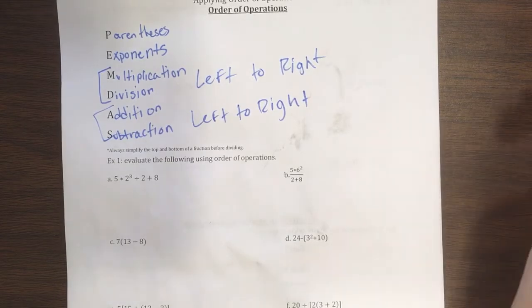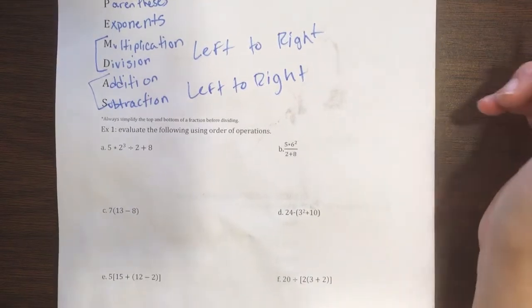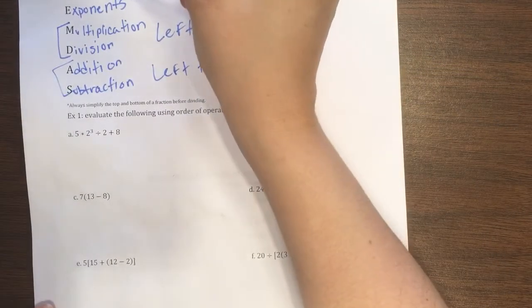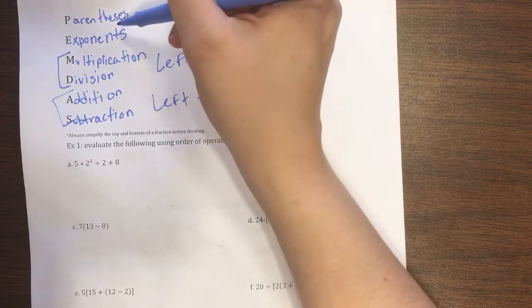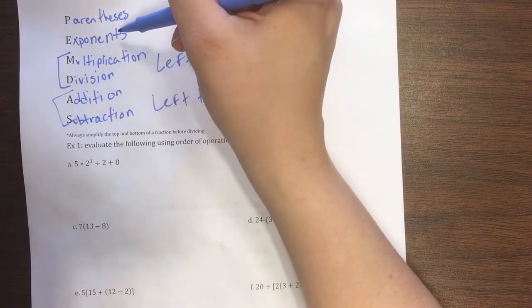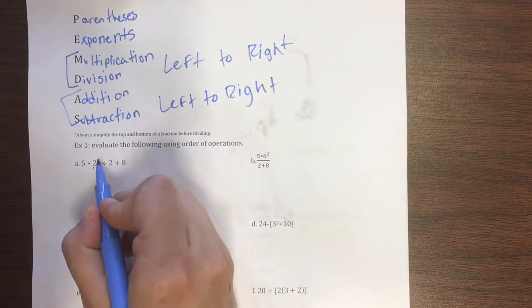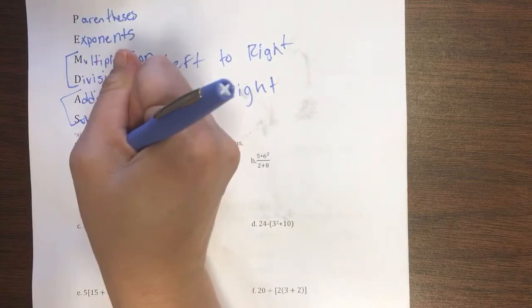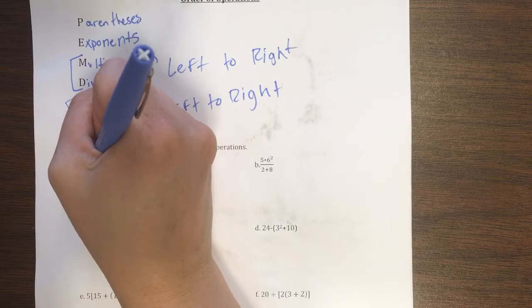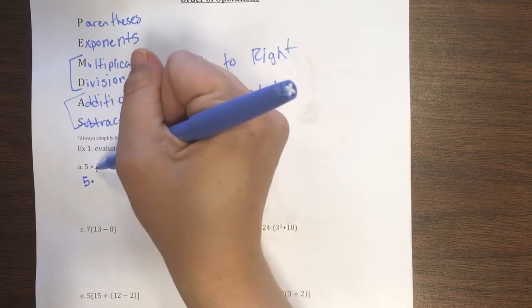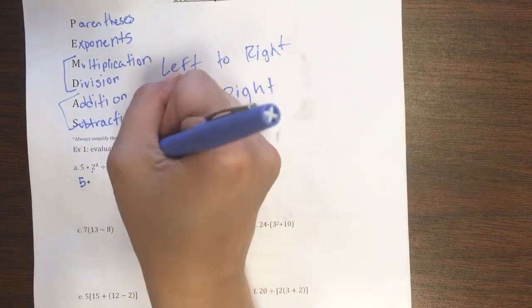So let's go ahead and start out with some of these examples. Letter A, are there any parentheses? No, no parentheses. Next one, are there any exponents? Oh, look, there's an exponent right here. So we're going to rewrite everything except for what we evaluate. So 5 times, well, what is 2 to the third?